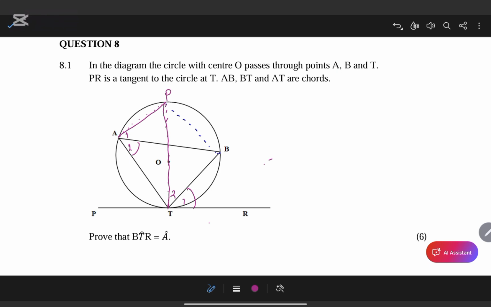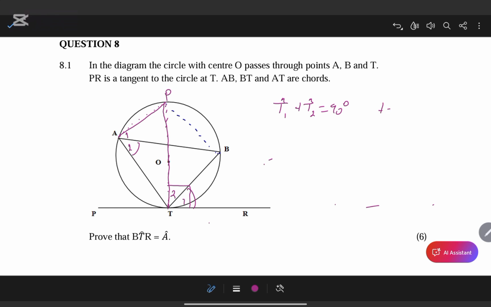Now, what do we say? We know that the relationship between the radius and the tangent at the point of contact with the circle, they make 90 degrees. So these two angles here, they make 90 degrees. So you simply say angle T1 plus angle T2 is equals to 90 degrees.